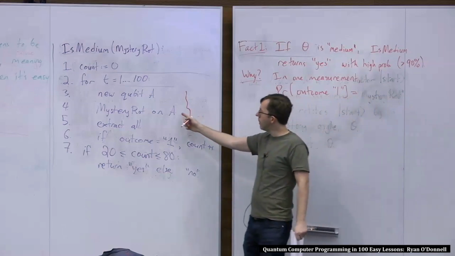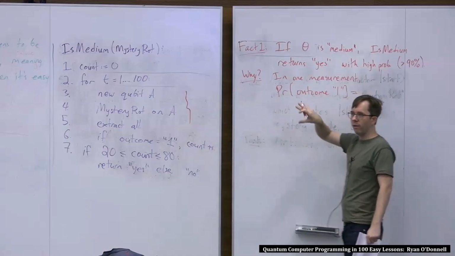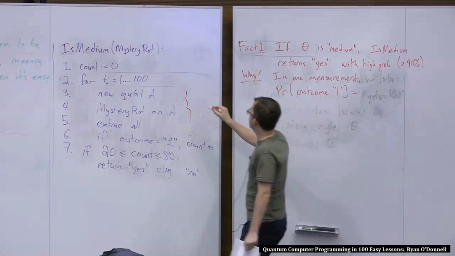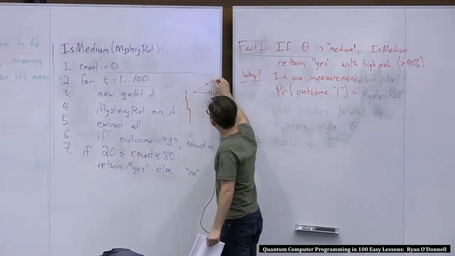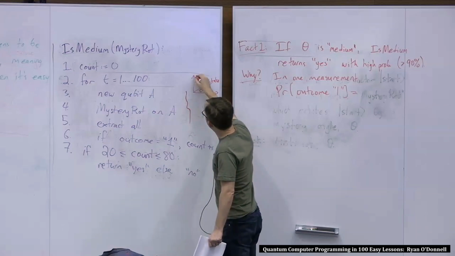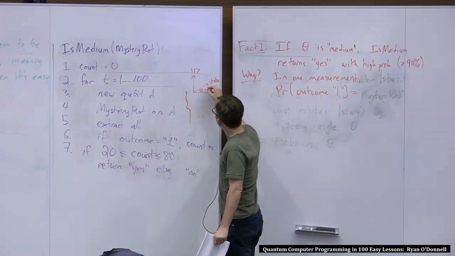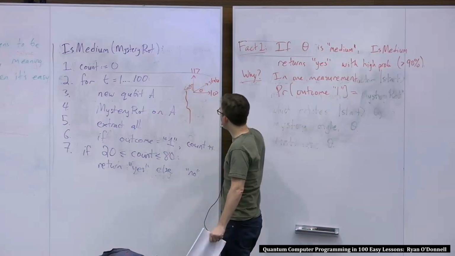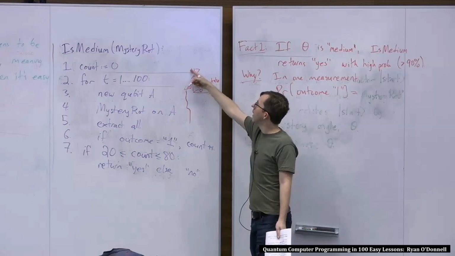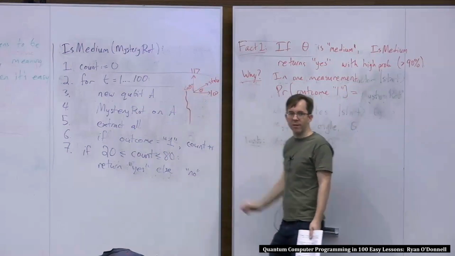The state vector is at angle theta from ket 0. This is your state, this is theta, this is 1, and this height here is sine theta, the y coordinate. So the probability of getting ket 1 is the square of this, which is sine theta squared.